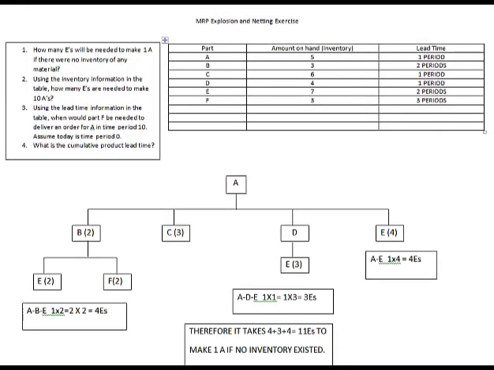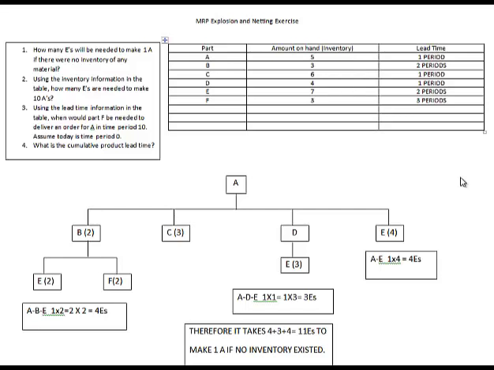Once again, how many Part E's are going to be needed to make 1A if there's no inventory? Well, let's first take a look at the bill of material, and let's look where all the places where E's are needed.